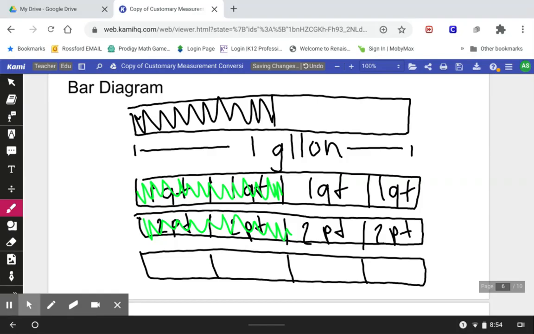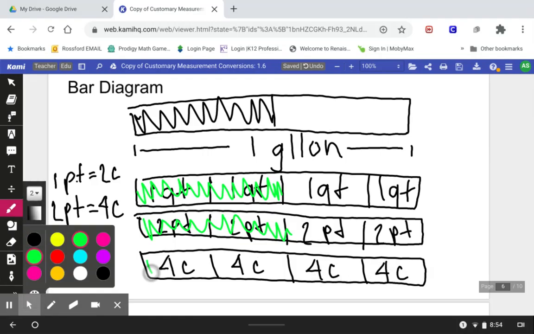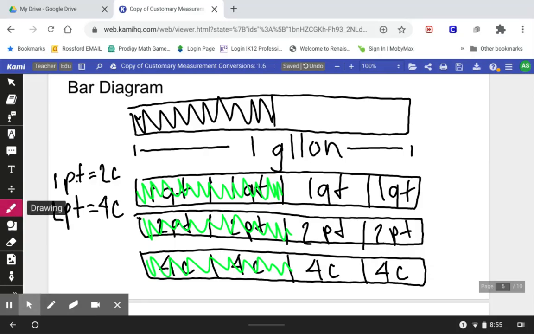All right, remember, for 1 pint, there's 2 cups. Well, in this problem, we have 2 pints. So I'm going to double it, which is going to be 4 cups. So each of these represents 4 cups. We're looking at what Marco has. So we have shaded in 8 cups, which is what we got in the previous slide.